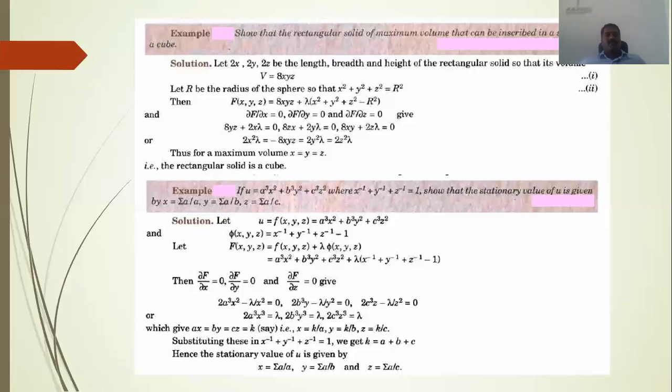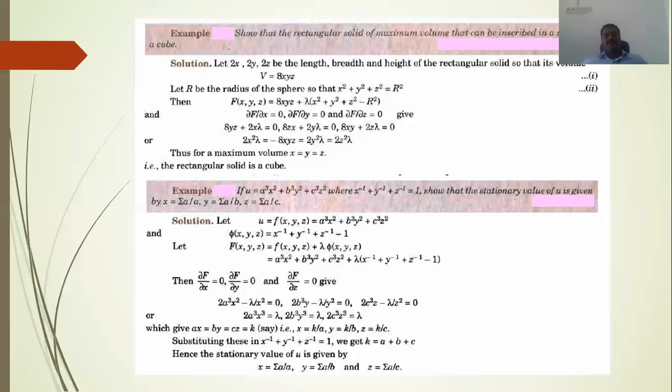Now, ∂F/∂x = 0 implies 2a³x − λ/x² = 0. ∂F/∂y = 0 implies 2b³y − λ/y² = 0. ∂F/∂z = 0 implies 2c³z − λ/z² = 0.